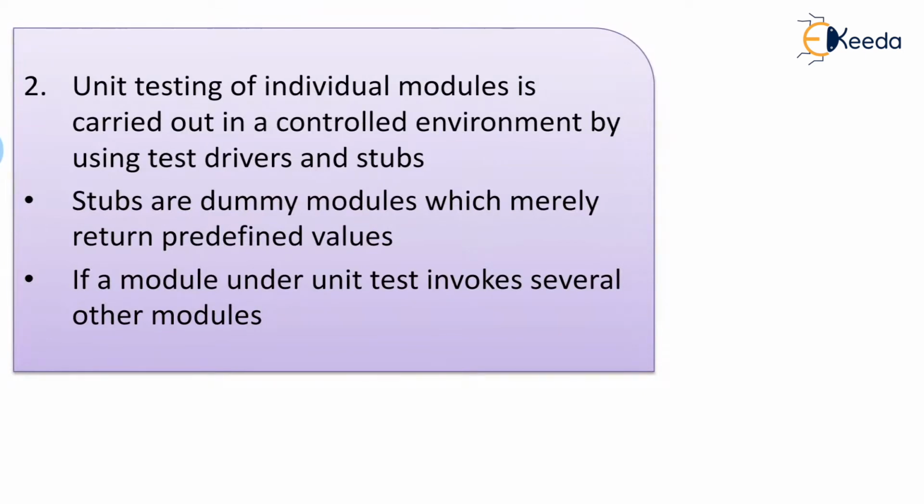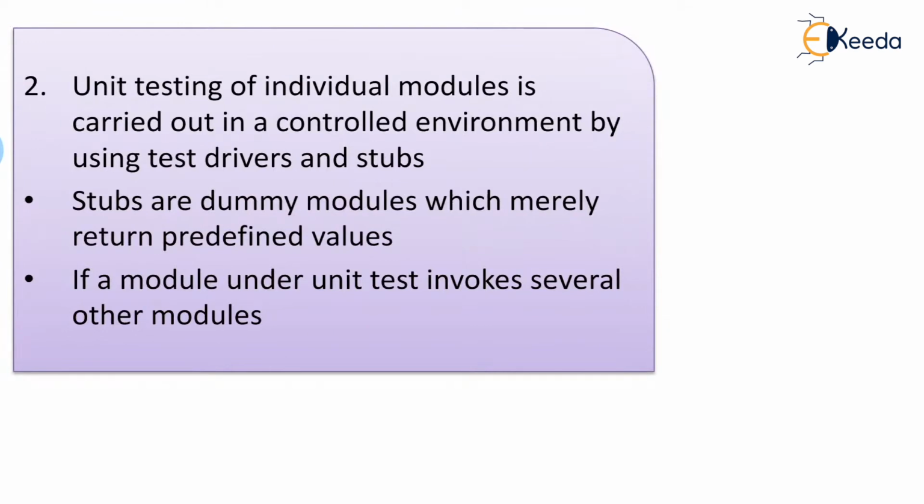That means the original program remains as it is. The drivers and stubs are created from them so that when they are put into execution, we can see the expected and actual values, if a module under unit test invokes several other modules.